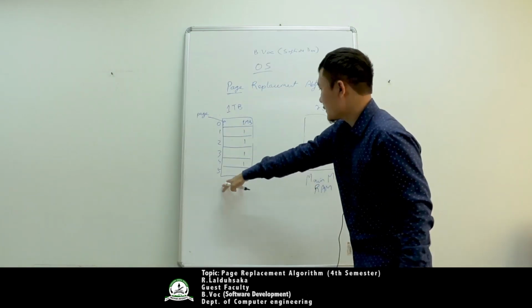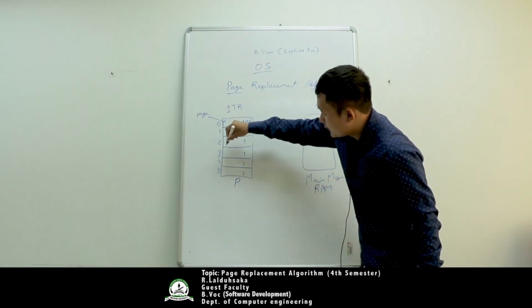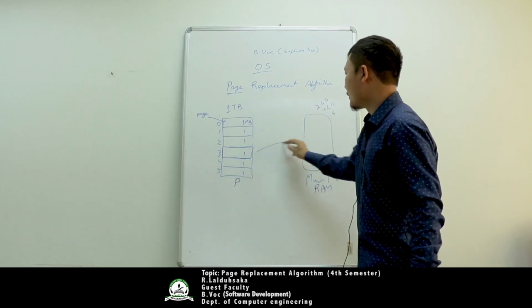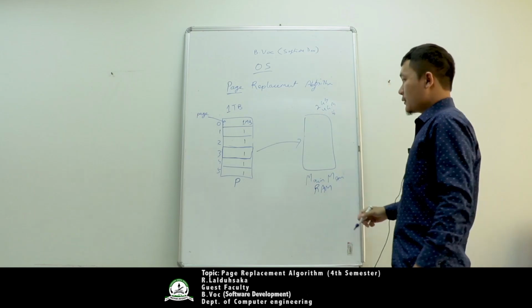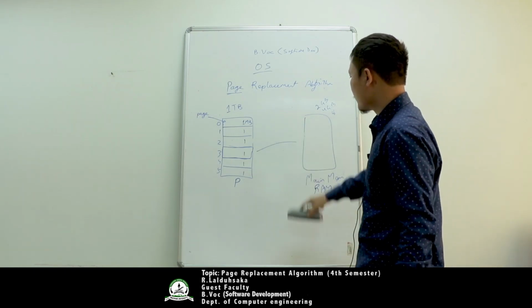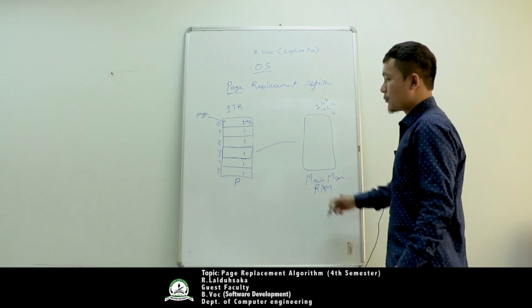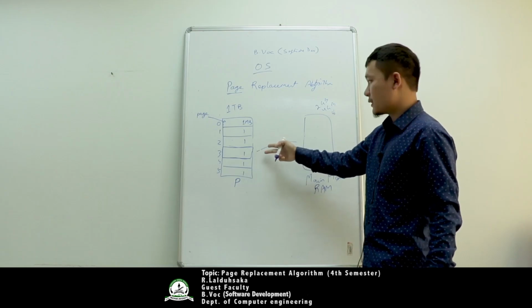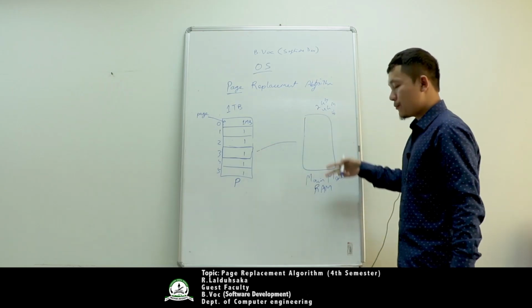Instead of putting the whole process in the main memory, maybe we can put page 3 in the main memory at first. In most cases, a process is divided into many parts, and one or two processes at a time will be loaded into the main memory.